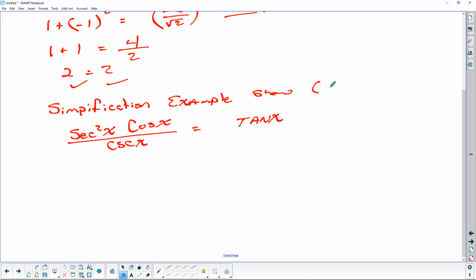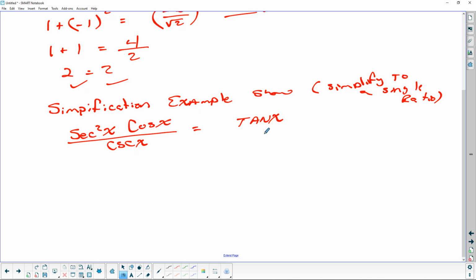Sometimes the book will say simplify to a single ratio. So they might not tell you what it is. They might not say that it's tangent. You just have to simplify it yourself.